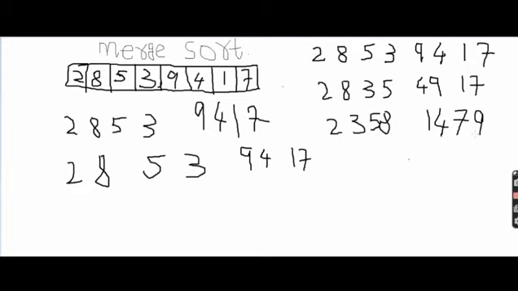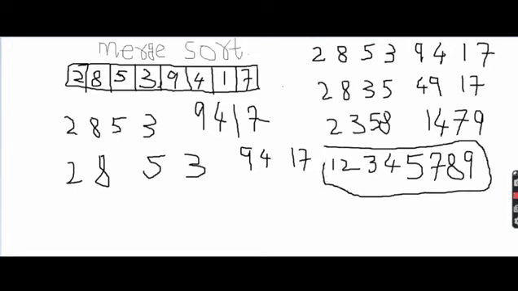If we merge both of them, we would get the sorted list: 1, 2, 3, 4, 5, 7, 8 and 9. So this is our final result, the sorted array. We got our final result. This is our sorted array.